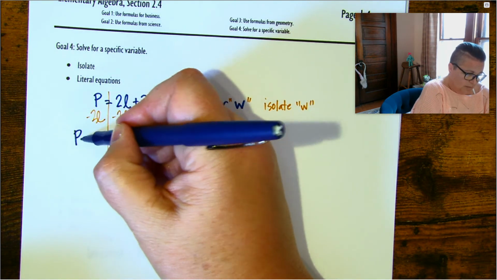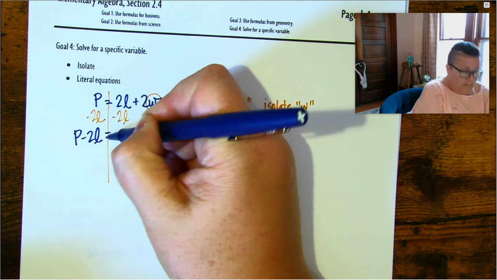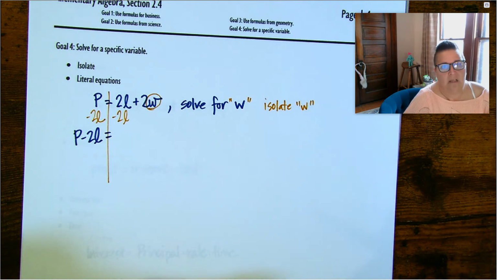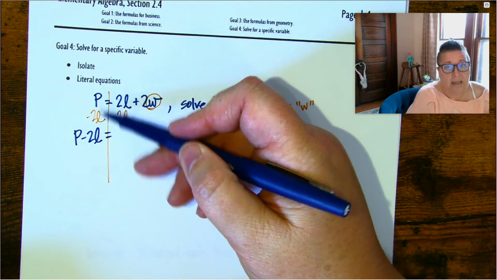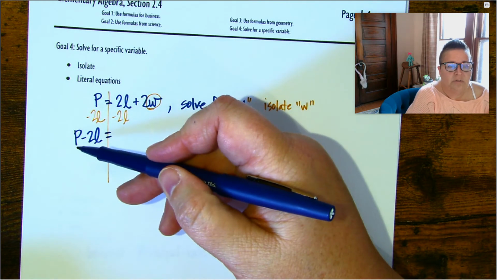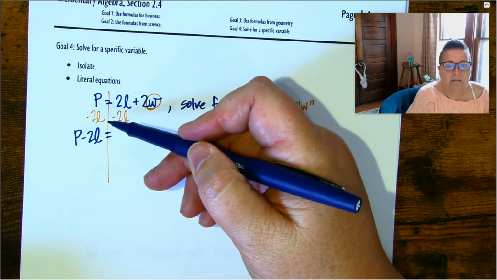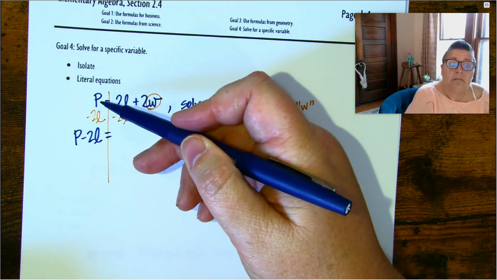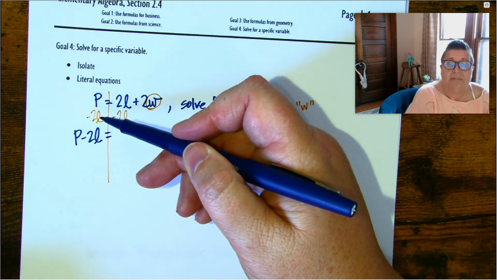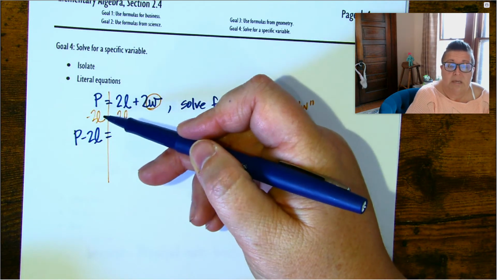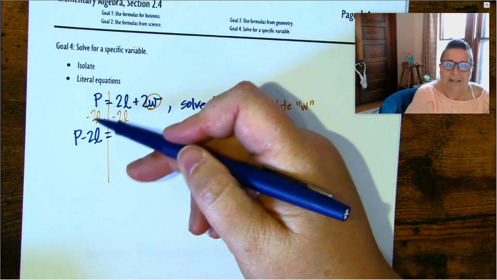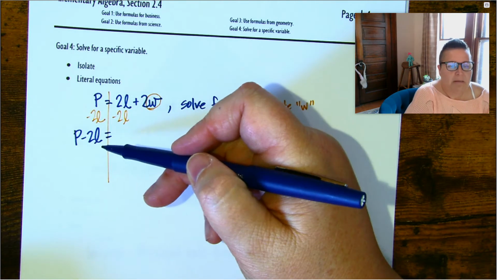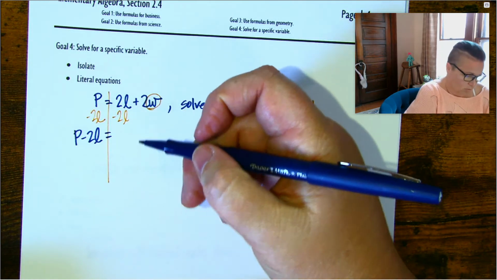That's going to give me P minus 2L. This is the bit I always loved because P's and L's don't mix. I can't combine them. So all I can do is rewrite it as P minus 2L. I loved that I literally did not have to think about what number that was going to be. But I totally get that some people hate this because they want it to be a number. This is P minus 2L, and I can't do anything more with it.